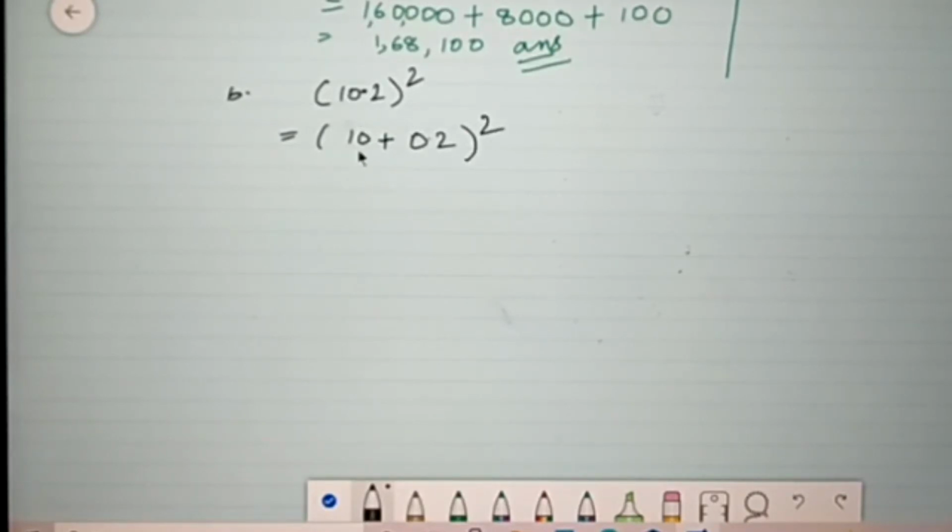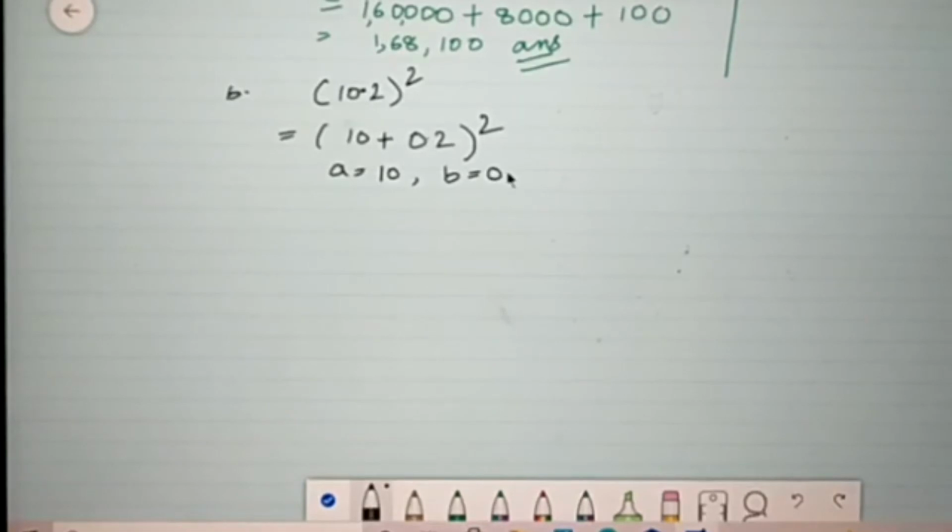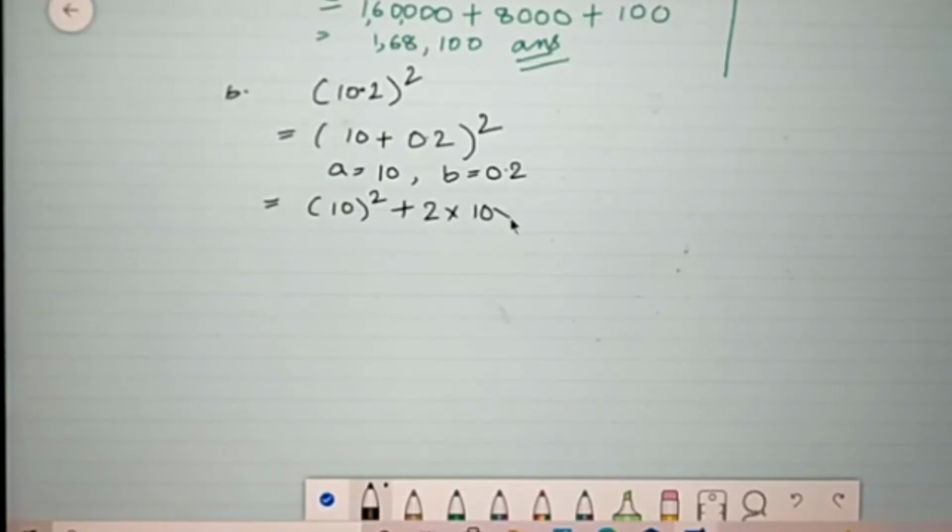So a is here 10 and b is here 0.2. So we write b is 0.2. And now we expand. So a square is 10 square plus 2ab, so a is 10 and b is 0.2, and plus b square is 0.2 whole square.